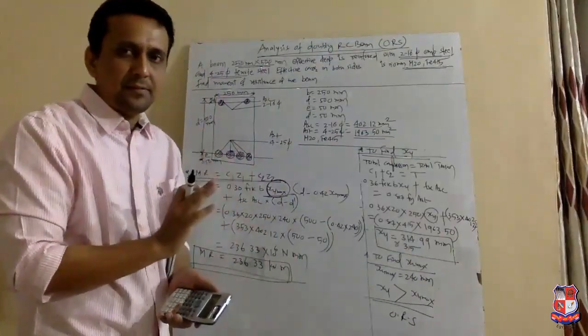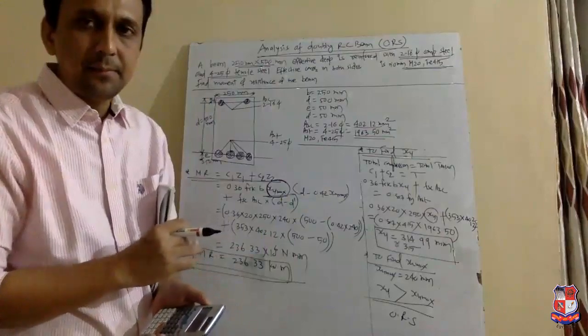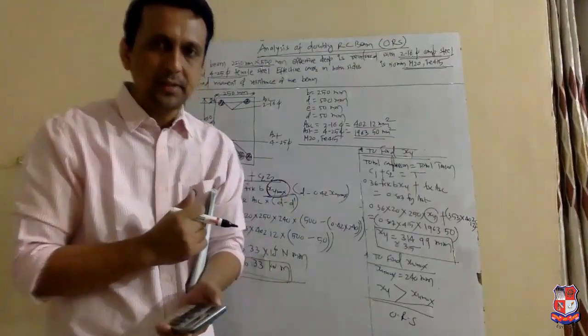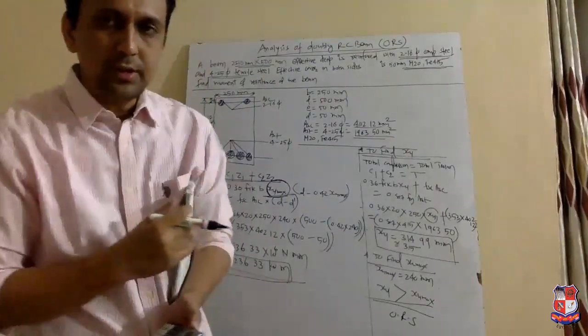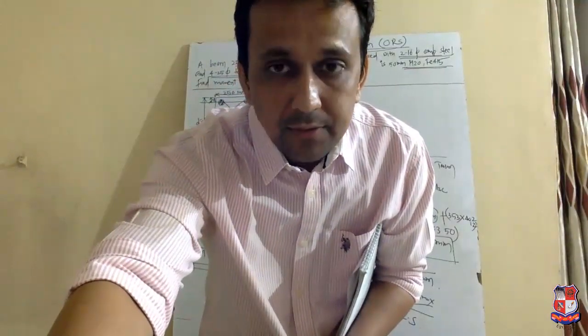This is the main difference. That's why I have taken another example having an ORS section, right? I hope you have understood this. So we conclude this session here. Thank you.